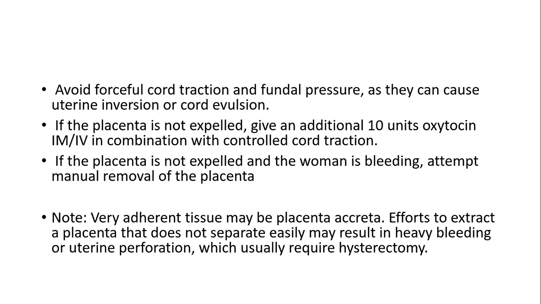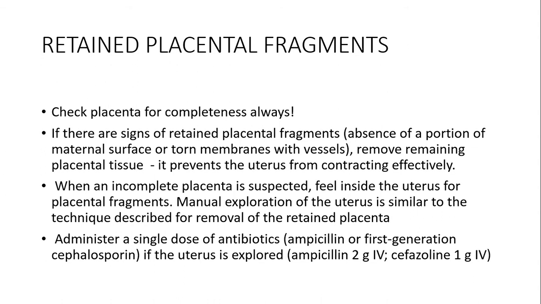Efforts to extract a placenta that does not separate easily may result in heavy bleeding or uterine perforation, and these may lead you to proceed for laparotomy and to perform a hysterectomy, because placenta percreta cannot be detached by manual examination. Check placenta for completeness always in every single delivery.